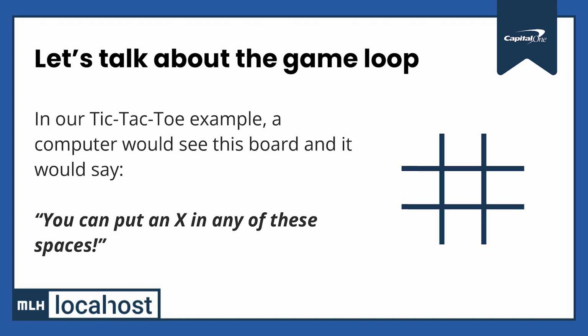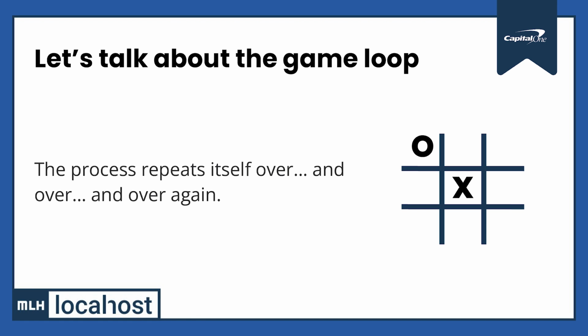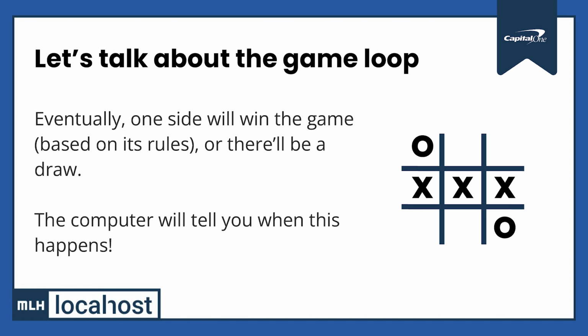Then, when you've gone and put your X in one of those spaces, it would play its move using the knowledge of the rules. So it would say, I could put an O here and try and win. And this process repeats itself over and over and over again. That's why it's a loop. Eventually, one side will win the game based on its rules, or there'll be a draw. And the computer will tell you when this happened. That's because it knows that's a rule.